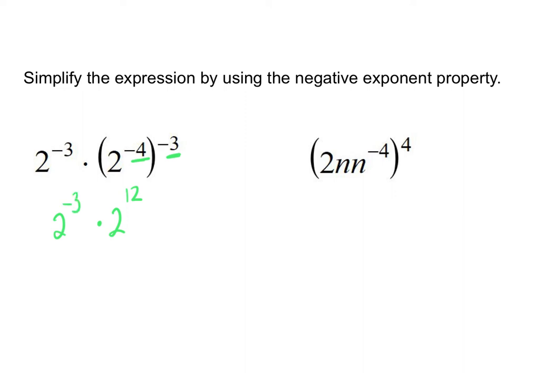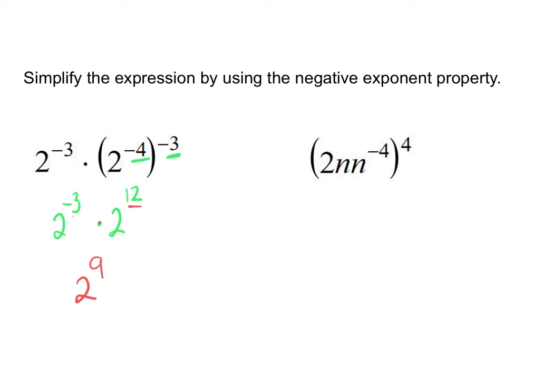The reason I chose to keep them is because notice how my 12 became positive anyway. Now I have 2 to the negative 3 power times 2 to the 12th power. Because we have same base and we're multiplying, I can add exponents. So negative 3 plus 12 is 9. So I have 2 to the 9th power. And by keeping my negative exponents just where they were and following the rules from before, I actually simplified. I ended up with no negatives anyway.